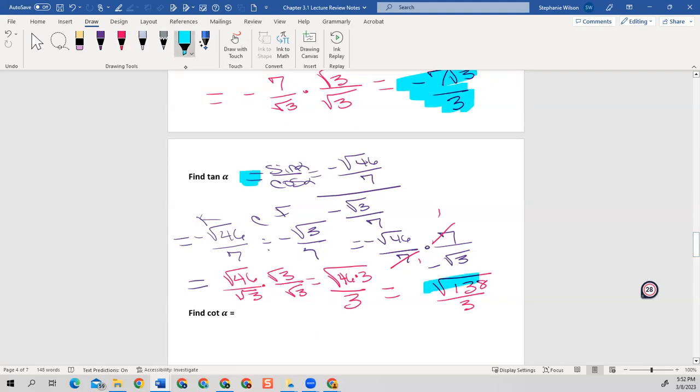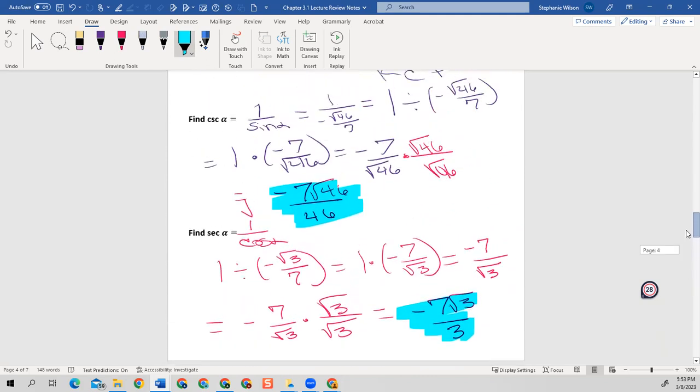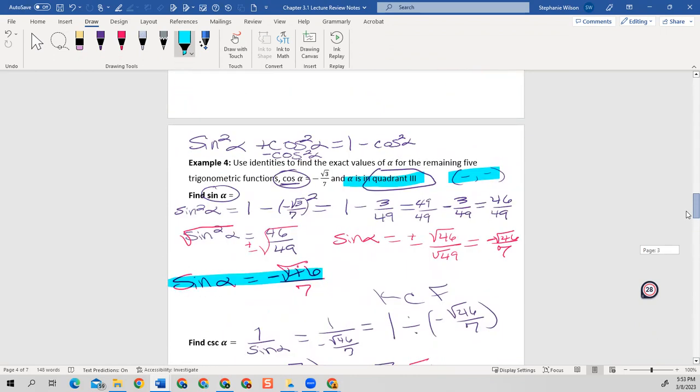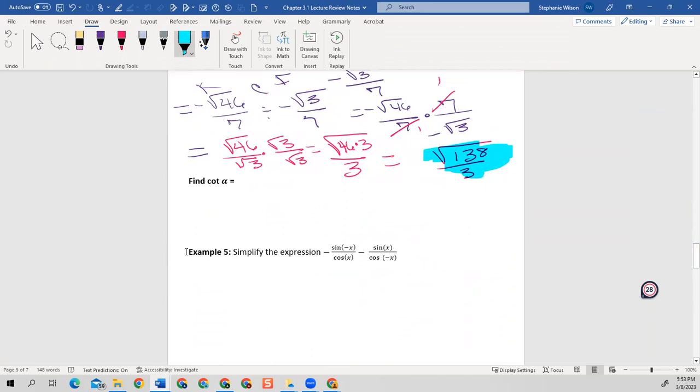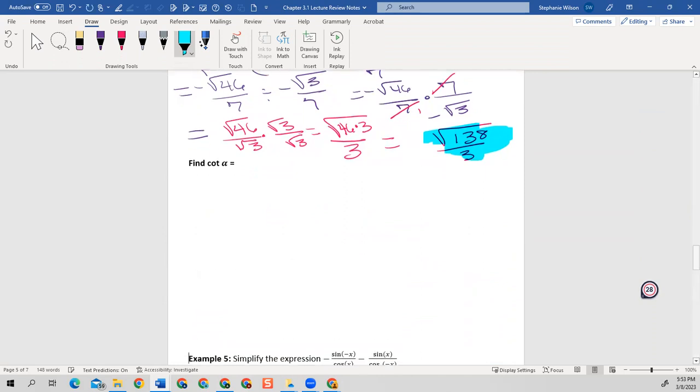As long as, yes, it was 46. I'll double check my answer up here. Yeah. Okay, we're good. Now we're going to do the cotangent. When we do the cotangent, it's the reciprocal of tangent. Well, we know what tangent is, right?